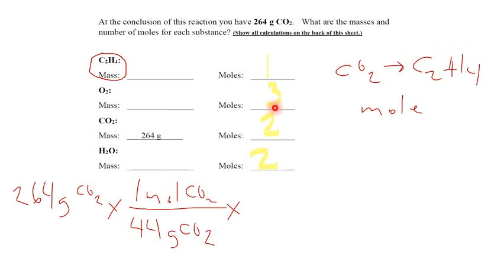Well, I know that because I said it right here. Look, for every 2 moles of CO2, I have 1 mole of this. So I'm just going to write this like this. I'm going to say, for every blank moles of CO2, I have blank moles of C2H4.